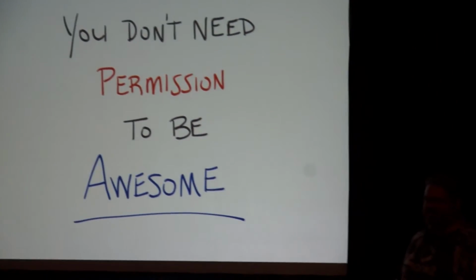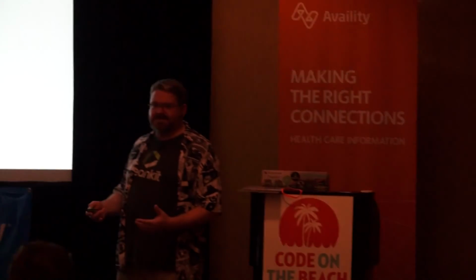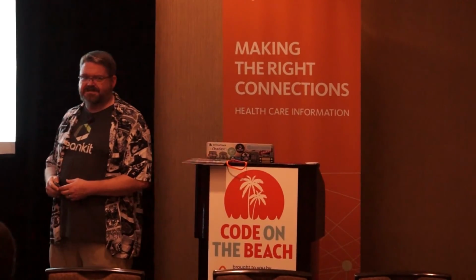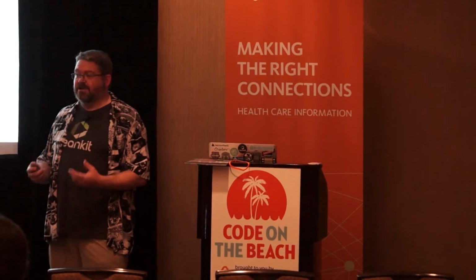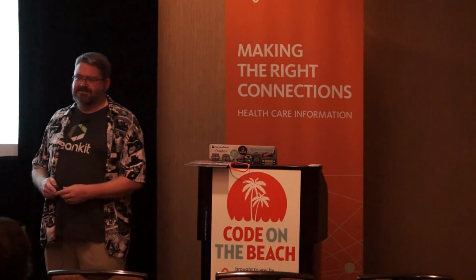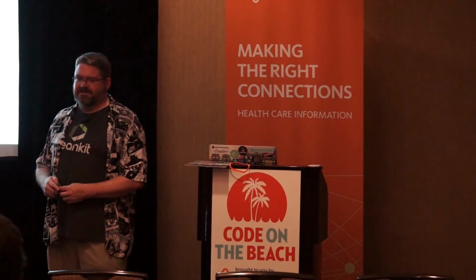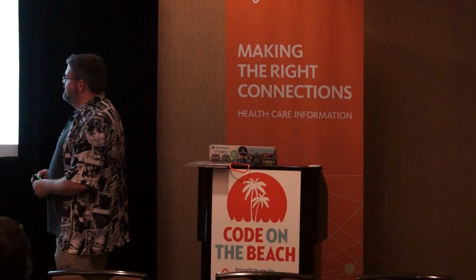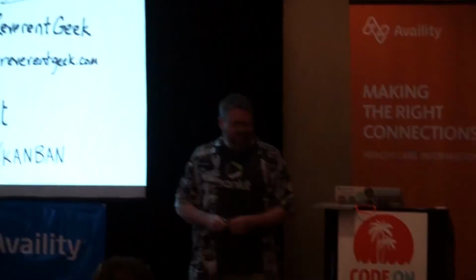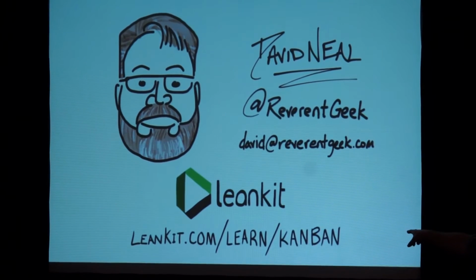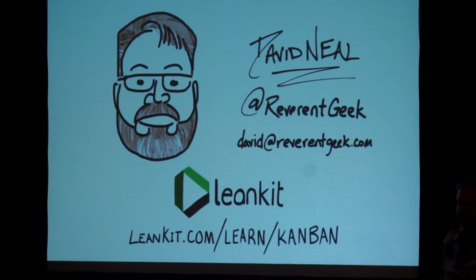Take the things that you've learned this session, all the sessions that you've attended, whatever you can apply to your organization. Your employers will love you for being awesome, for taking initiative and putting these things you've learned into process. And with that, I am David Neal, and you can go to learn/Kanban and get our Kanban roadmap.